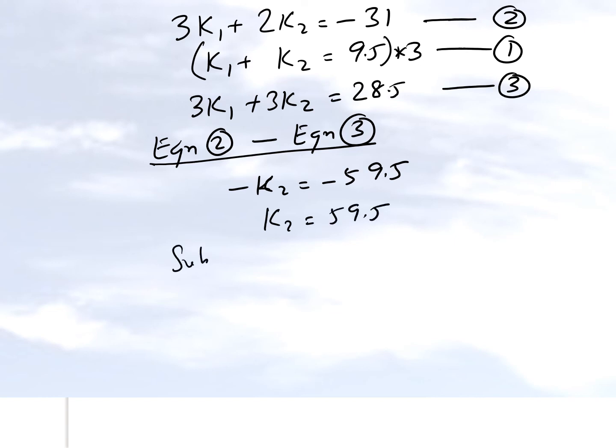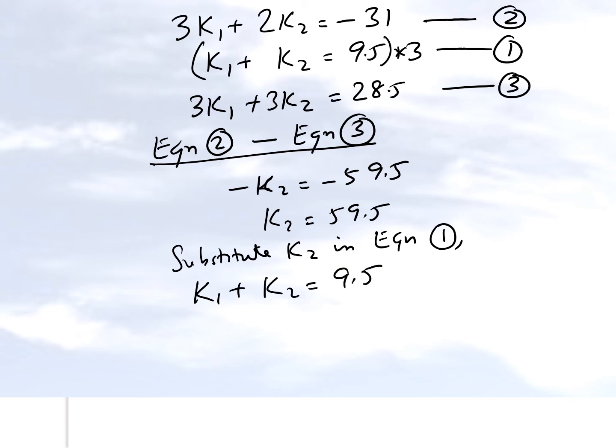Now if I substitute K2 in equation 1, what do I get? K1 plus K2 is 9.5. We just found out K2 is 59.5. That allows me to say that K1 is minus 50.